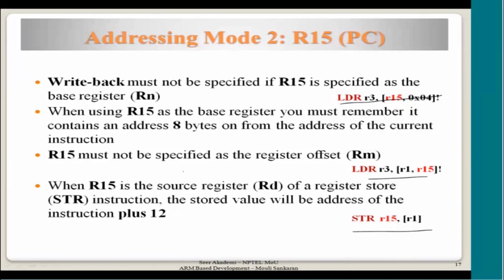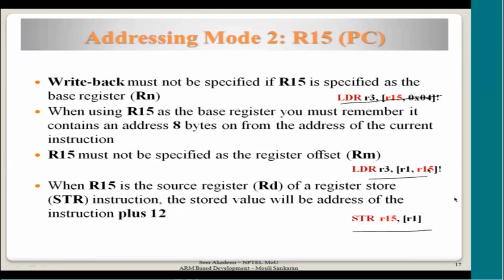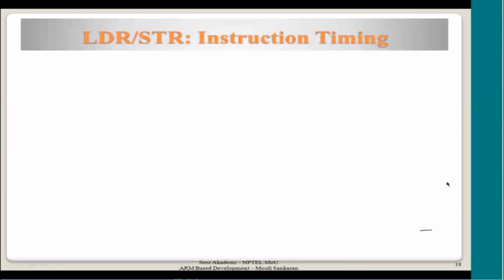Whenever you use R15 in your code, you better be aware that you are going to cause some side effects. But I still encourage you to change this, try it out and see what happens, because when you encounter this instruction, you should be in a position to understand what happens. Unless you try out an instruction, you cannot understand it.